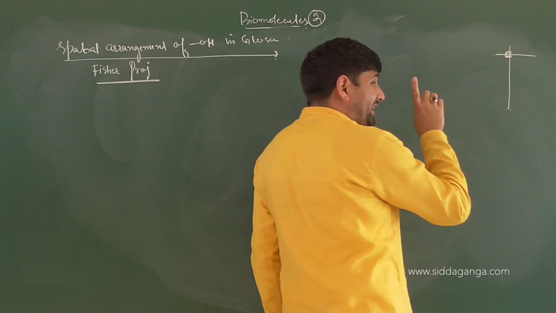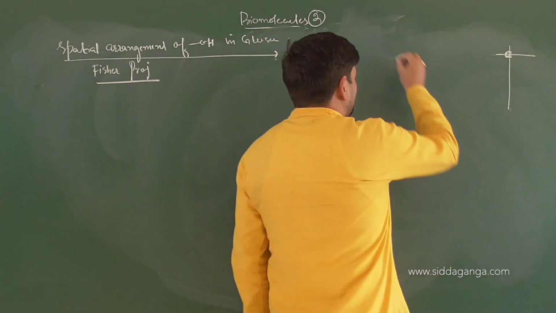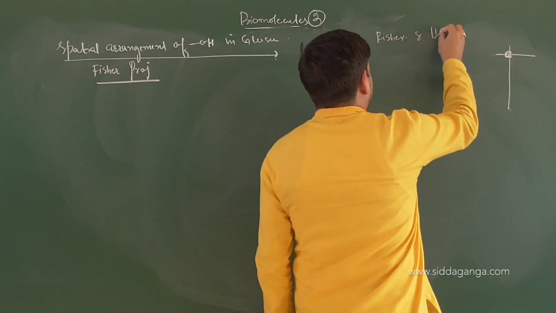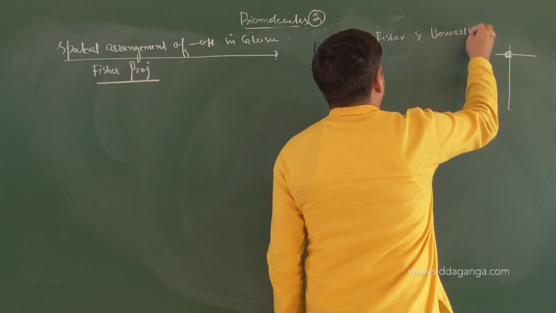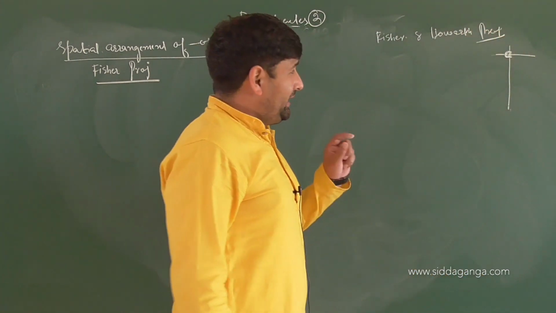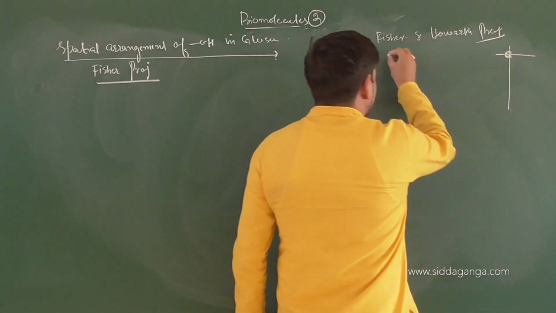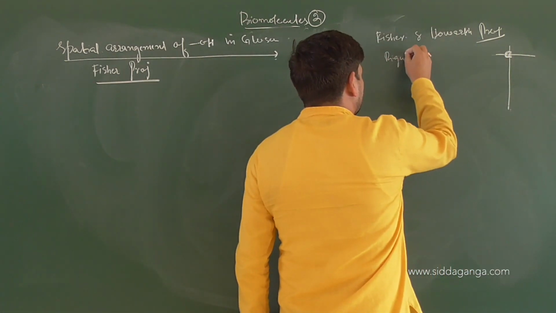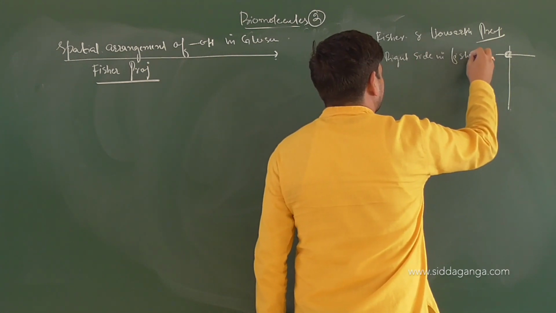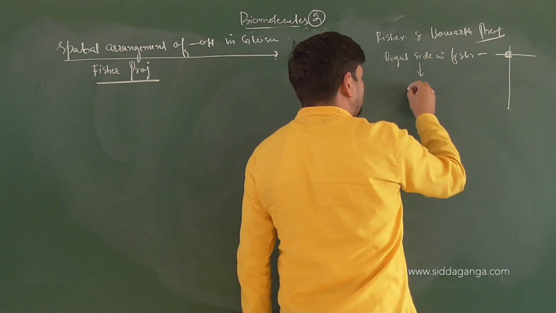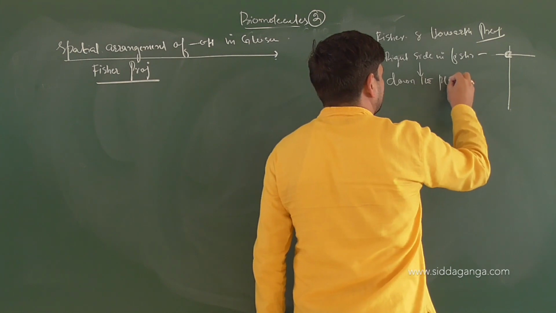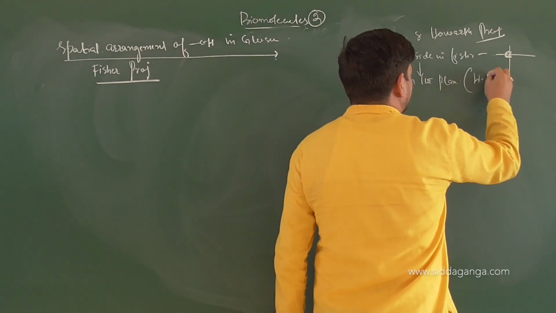And if you want to draw a ring out of it, like in the Haworth projection, then between Fischer and Haworth projections, any group which is present on the right side in the Fischer projection will be found down the plane in the Haworth projection.